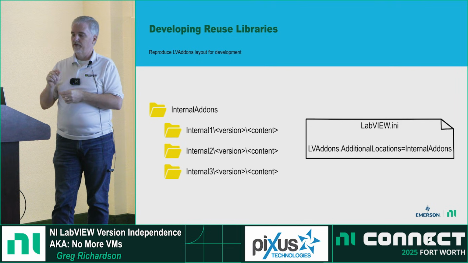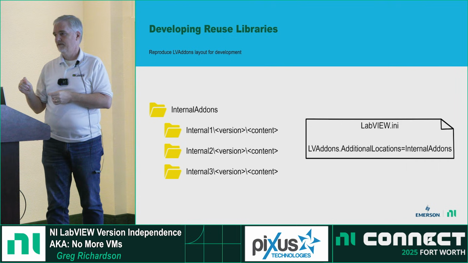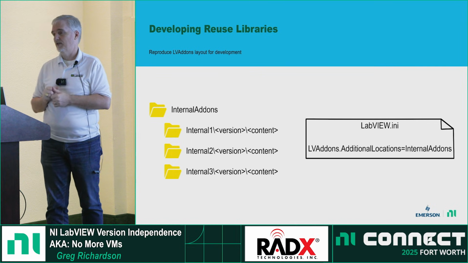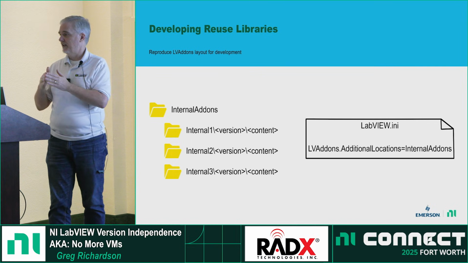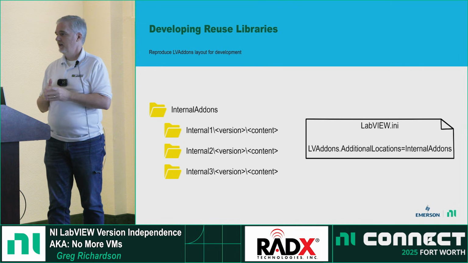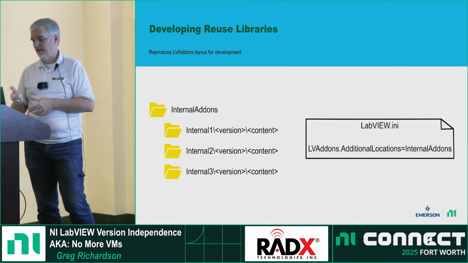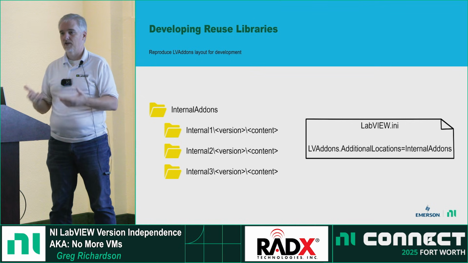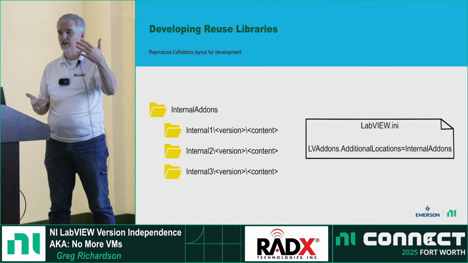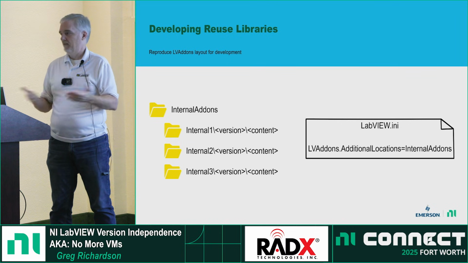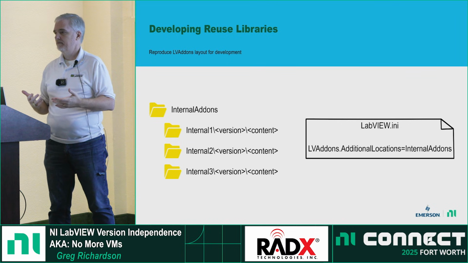Then instead of lvaddons.custom location, there's a second tag called lvaddons.additional locations, which can actually take a list of paths. I can put this internal add-ons directory into that additional locations, and now when I launch LabVIEW, it sees that part of my source code as an add-on just like any other add-on.